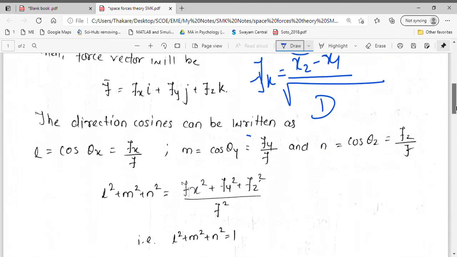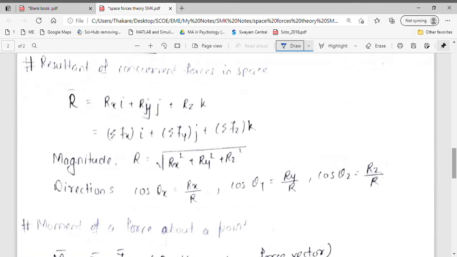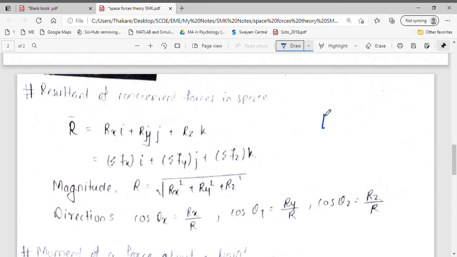While determining the resultant, if there is a multiple force system, you write each individual force in its vector form, and then you take summation of all the i coordinates, summation of all the j coordinates, and summation of all the k coordinates, and then write it in a resultant form.